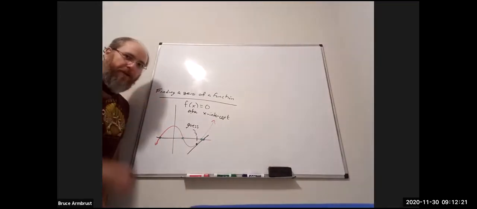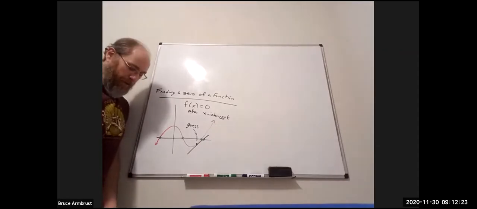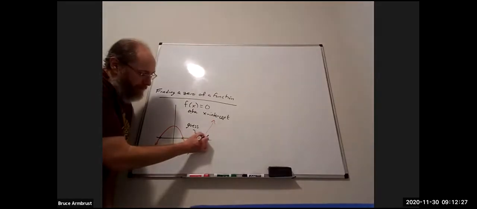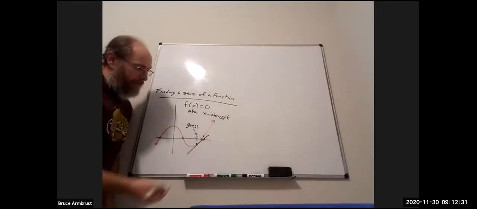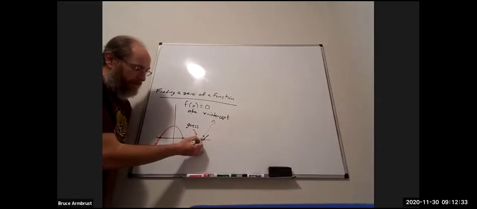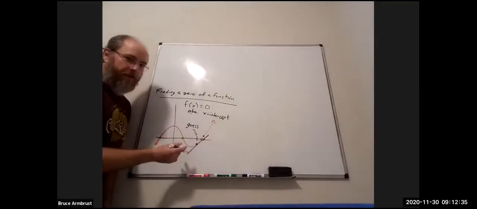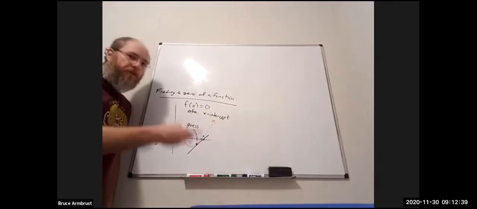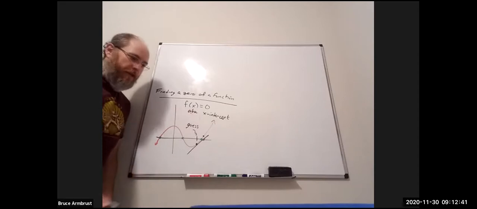So then here was Newton's thought: what if we just did that again? What if we took this new point and we ran up on the function there and did it again? Find a tangent line. Find its zero. That should be a closer guess. Do it again, and again, and again.